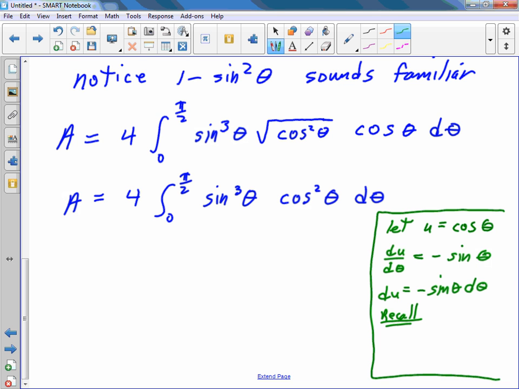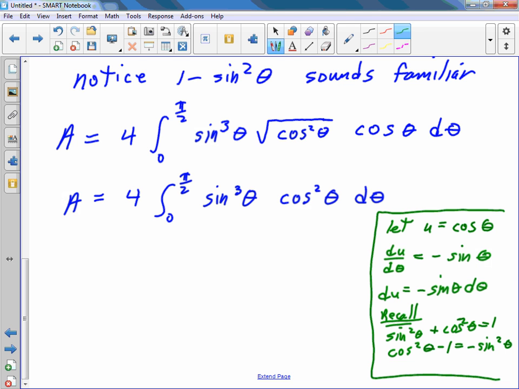Recall that sine squared theta plus cosine squared theta equals 1, so cosine squared theta minus 1 is going to be equal to what? Yeah, negative or the opposite of sine squared theta. And that's what I wound up using here.